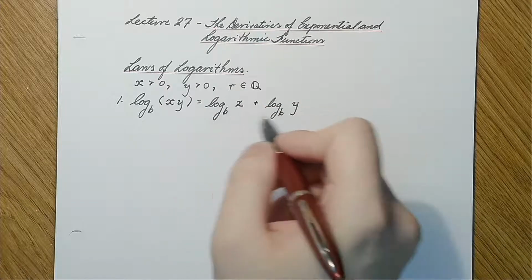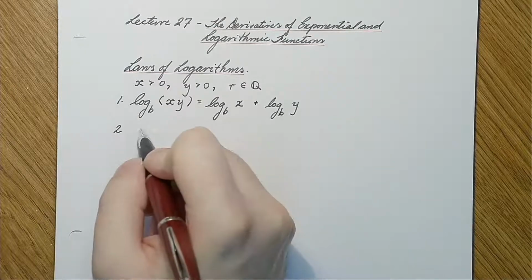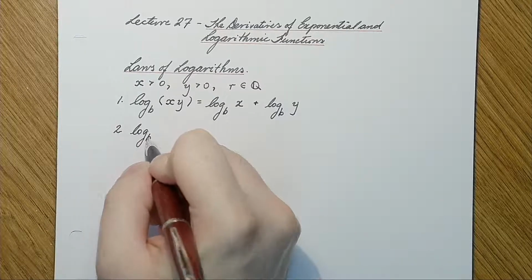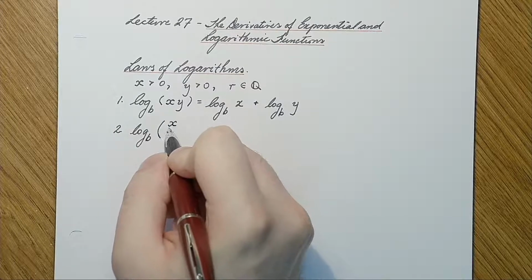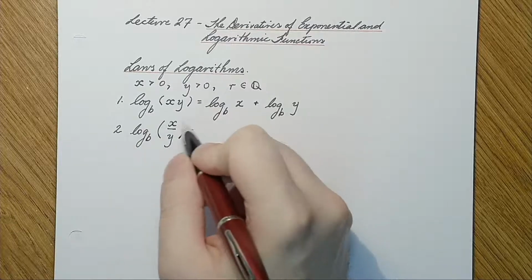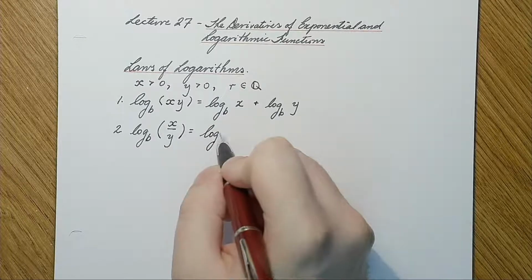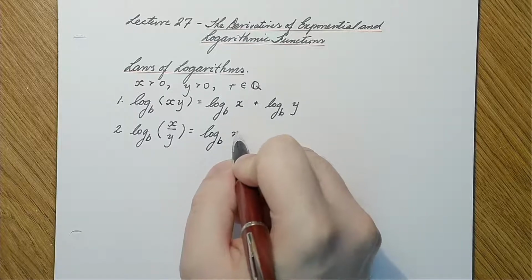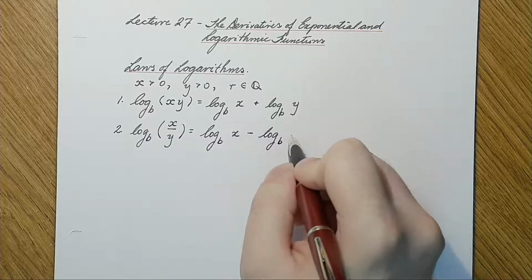I can split them up with addition. The second one is, if I have log base b and a rational function like x over y, then I can write this as a difference: log b of x minus log b of y.